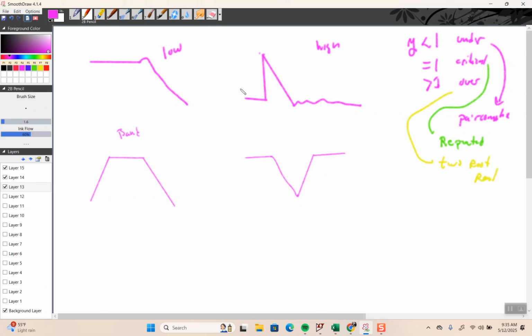So you have to be able to identify these systems. Is it low, high, notch, band, and then an estimate of the damping coefficient, right?